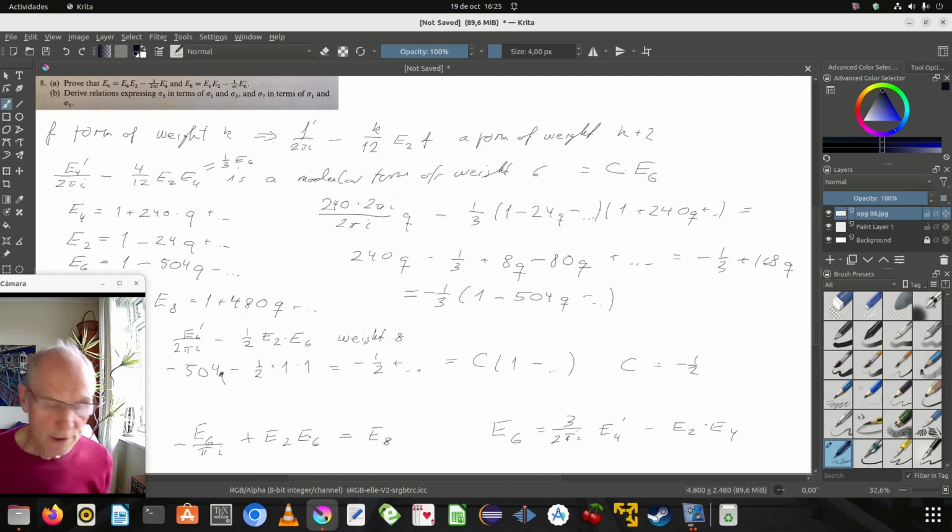And I hope this is exactly part A. E6 equals, damn it, I have the wrong sign. And E8, I have the right sign. So what did I do wrong here?